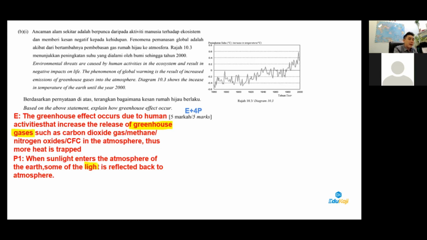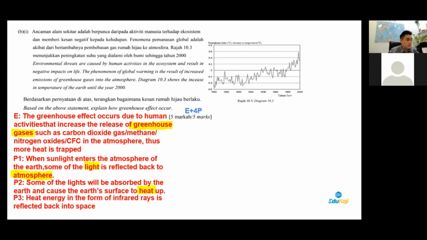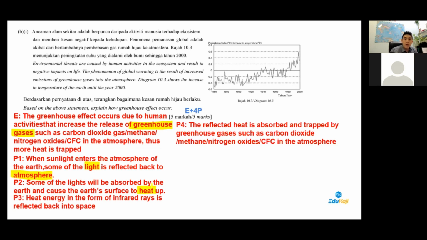Sunlight enters, light is reflected back to the atmosphere. Not only that, the heat will be trapped. And in the long run, it will be absorbed by greenhouse gases. Okay, this prevents infrared from being reflected.